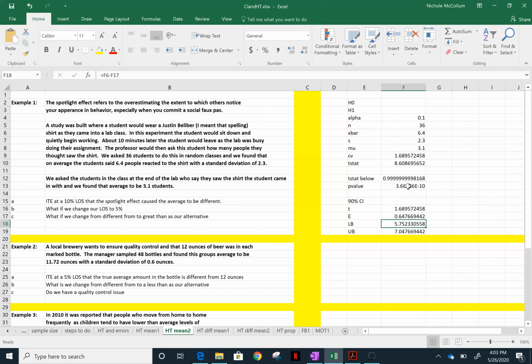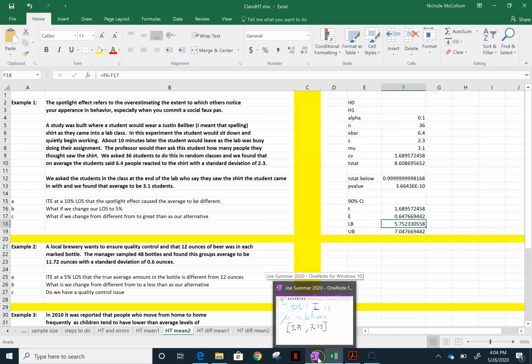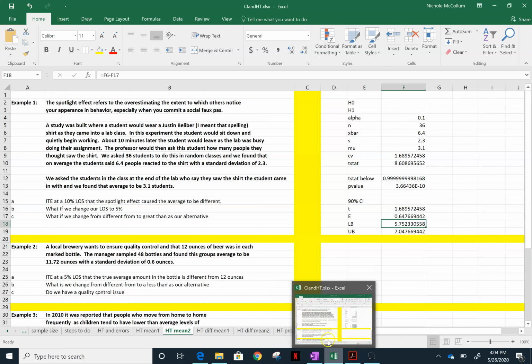Rejection 3. Here's the confidence interval the students believe. The actual belief was 3.1. That is not in that confidence interval, so that's another reason to reject. So that's 3 times in a row I have rejected. I think that's enough to tell you there's clearly some type of spotlighting effect, some type of psychological phenomenon going on when people wear a shirt that they believe is a faux pas. That's really what's going on there.